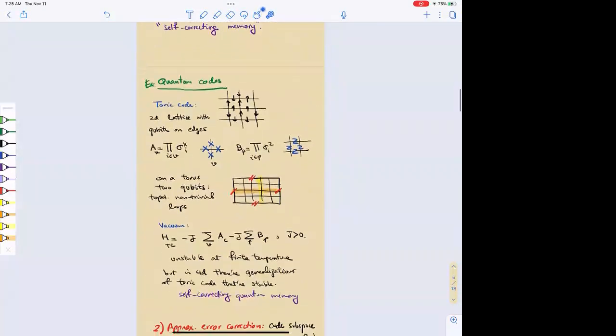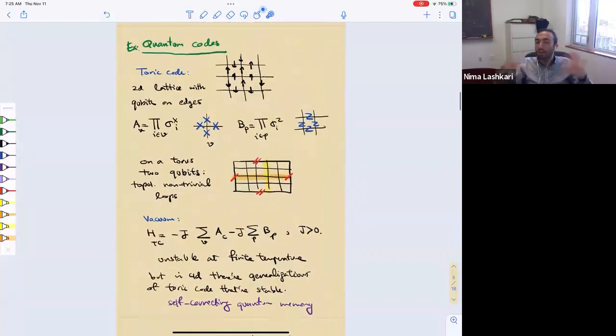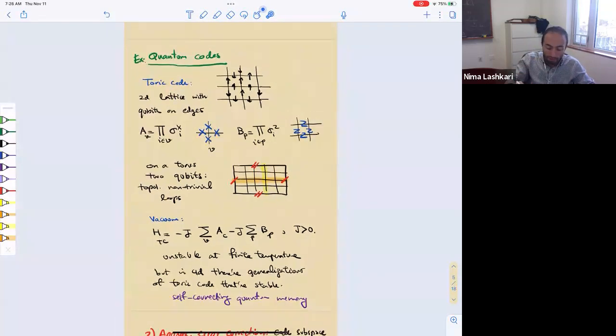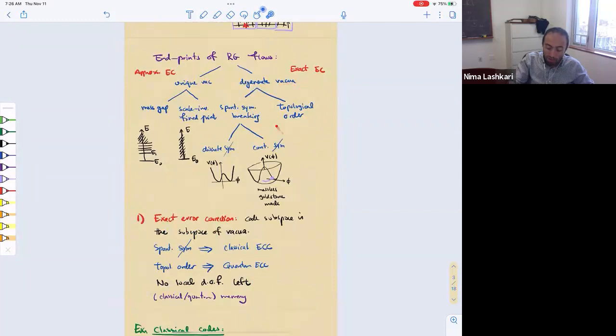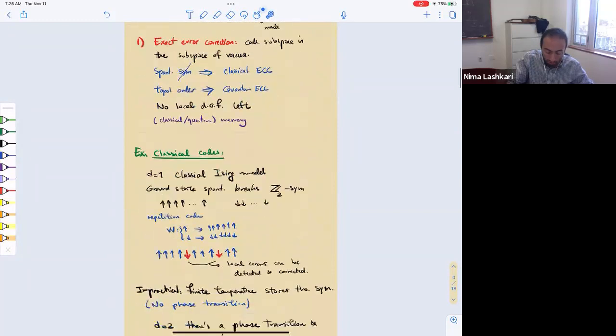Sure. So I guess we're not going to talk about these things in detail. We're going to talk about approximate error correction, but just to give you another example, let's talk about quantum codes. I said that for degenerate vacua, to get quantum codes, you have to have topological order. So let's just give an example of that. The example would be the toric code.